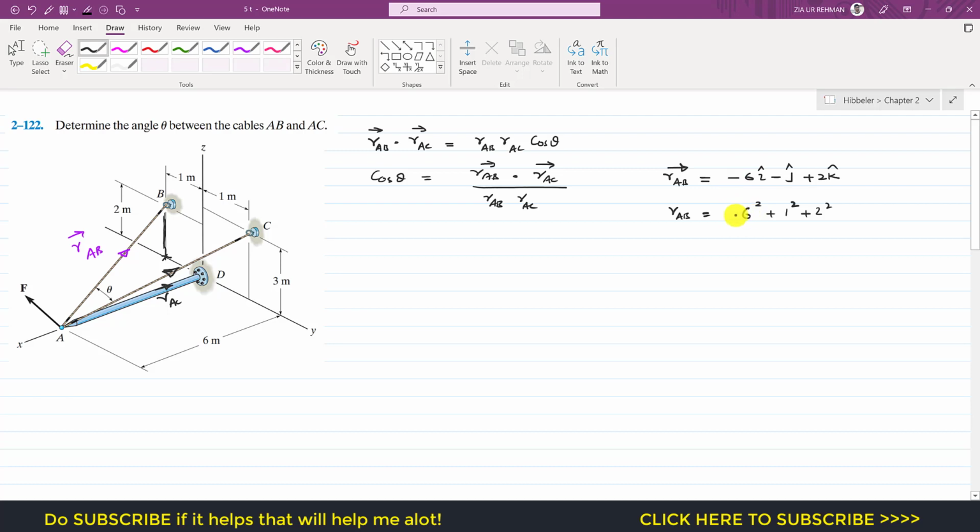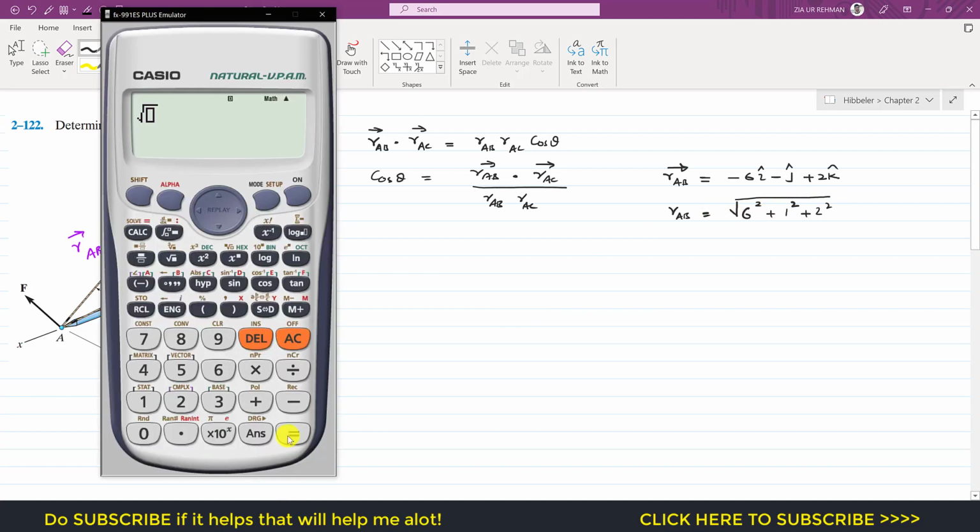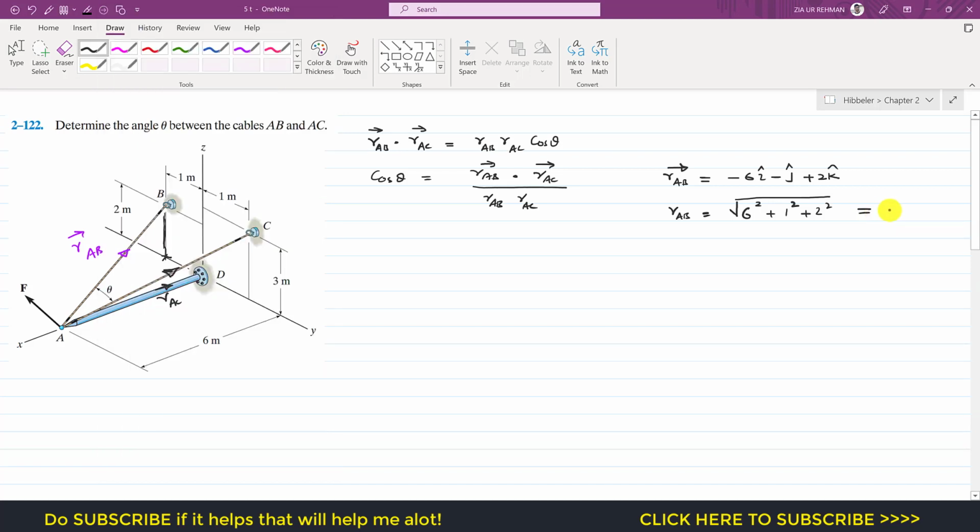So minus 6 squared or 6 squared will give the same answer. So 36 plus 1 plus 4 is 41, so this is square root 41, and this will be in meters, remember.